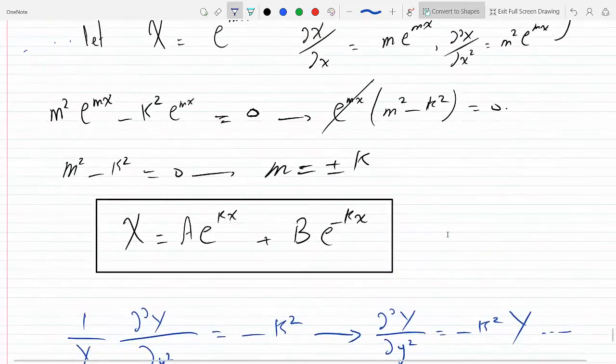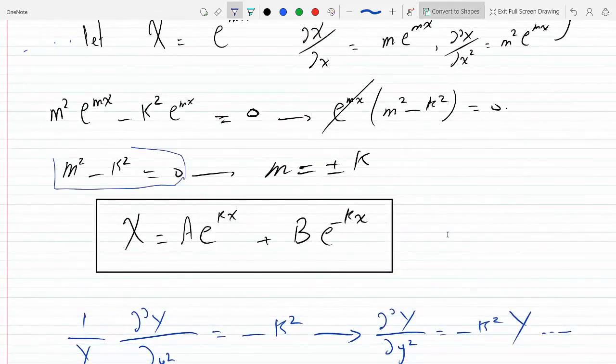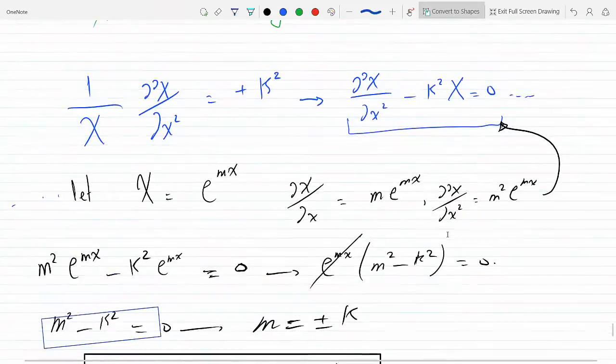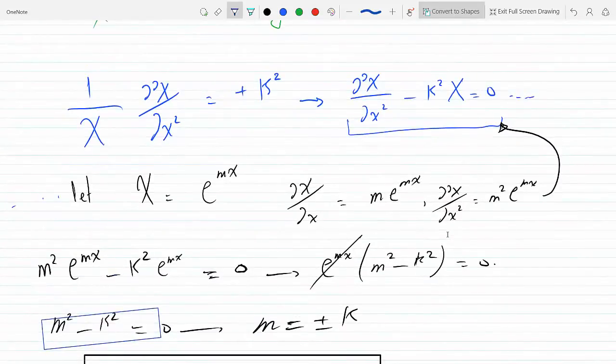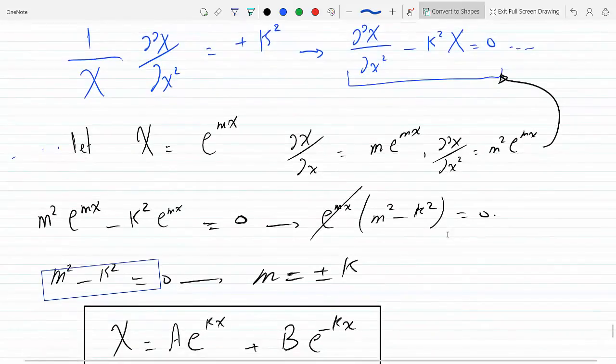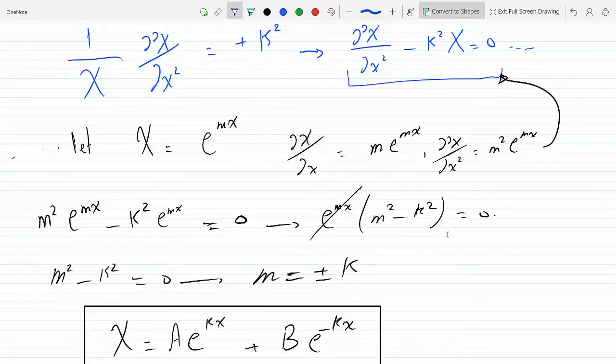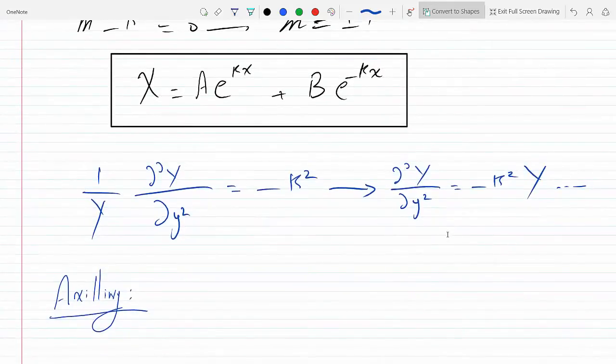I could have gone directly to it from the first step, because the second derivative just gets you the m squared, and the other one is k squared x, and this has to add up to 0. So some people skip this and go directly to here, if you know that this one is minus, because this one is different now.